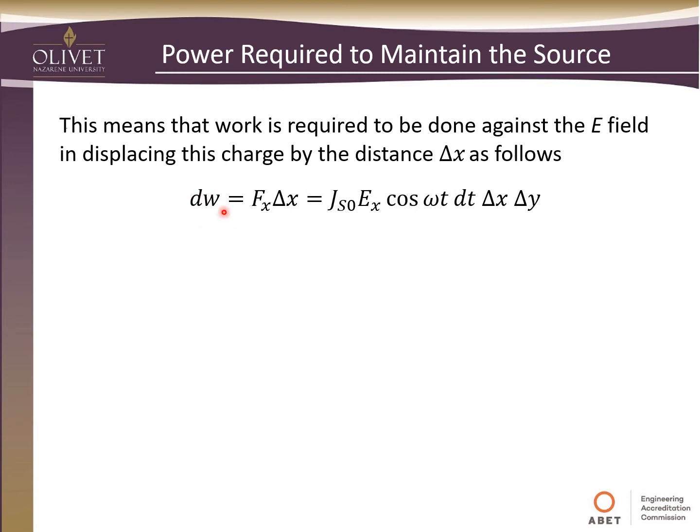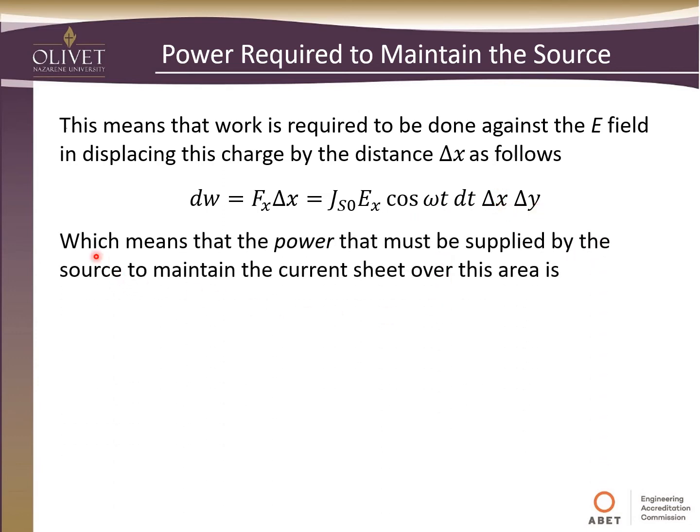So we can express this as follows then. This amount of work, differential work, is this force over this differential distance. And so when we plug the values in for that, we have a value for the F of x. We plug that in from before, put in the delta x and the delta y. So this means then that the power that must be supplied by the source to maintain the current sheet over the area can be defined as the time derivative of this original expression.